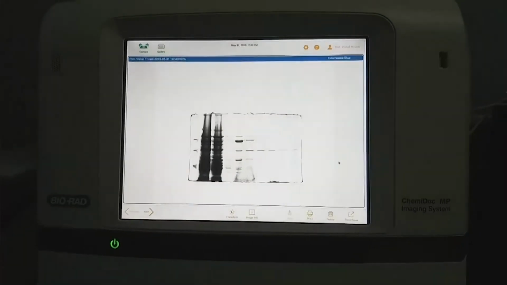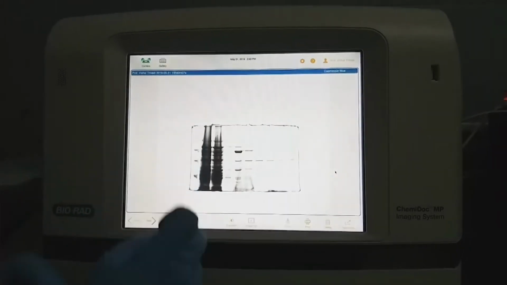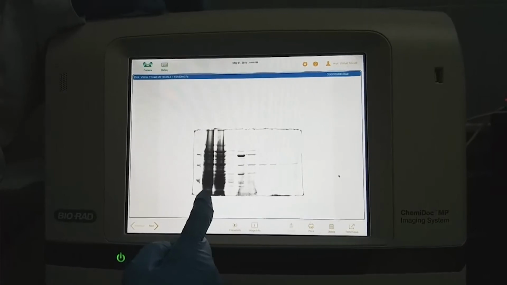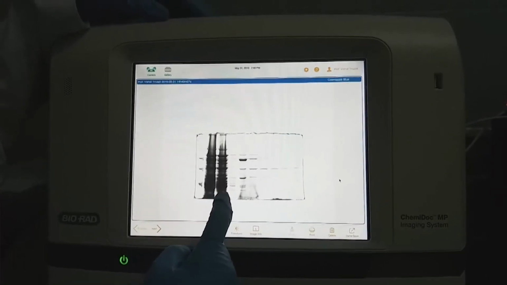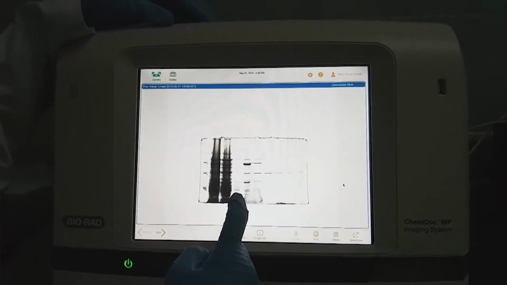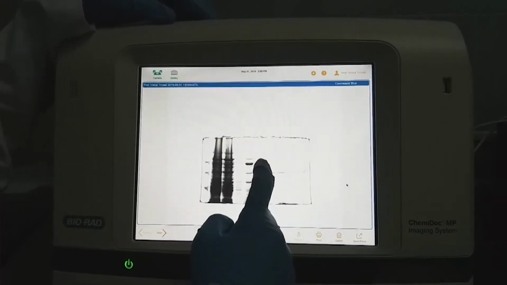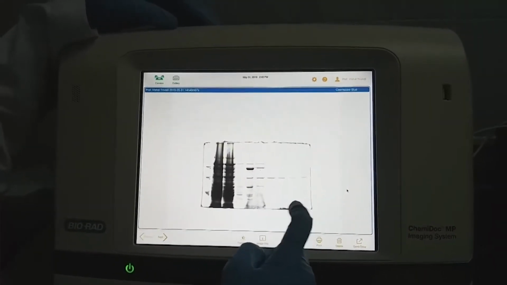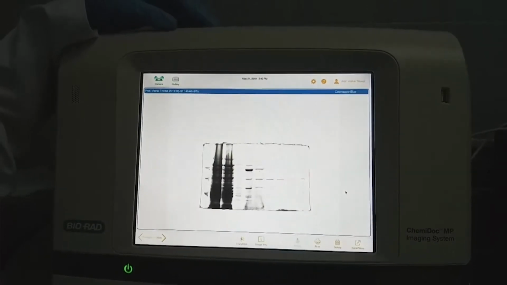So we have loaded the marker from this side. The second one is the load. This is flow through, wash 1, wash 2, and these are the eluted fractions 1, 2, 3, 4, 5 serially.